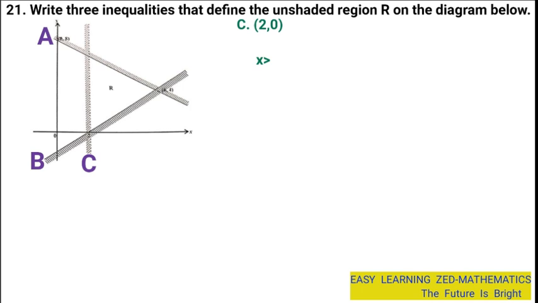If they were solid, then we could have said greater than or equal to. So now we can say x is greater than 2. That is the inequality for that line. Okay, let's go to question 22.